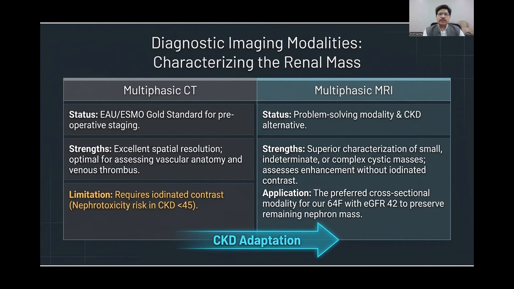Superior characterization of small indeterminate and complex masses, and it assesses the enhancement without iodinated contrast. It is the preferred cross-sectional modality for this 64-year-old female with an eGFR of 42, to preserve the remaining nephrons. So instead of ordering a multiphasic CT, I will order a multiphasic MRI.